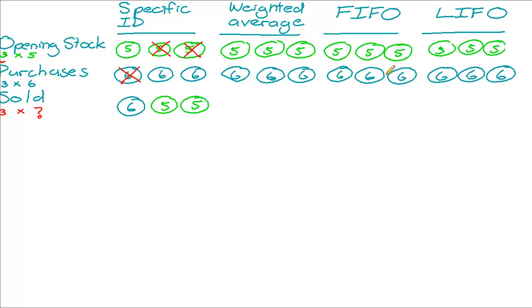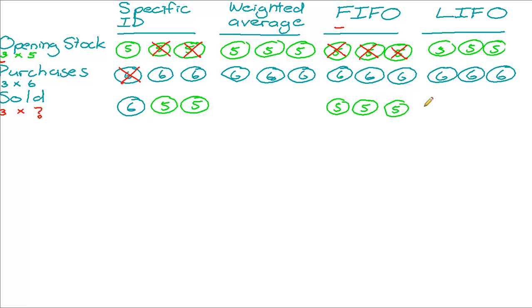So under the first in first out method, we're going to assume that it's these pies that need to be in our cost price. So whatever came in first is going to be the ones that go out first. So our cost price under the first in first out is going to be 5 Rand plus 5 Rand plus 5 Rand.